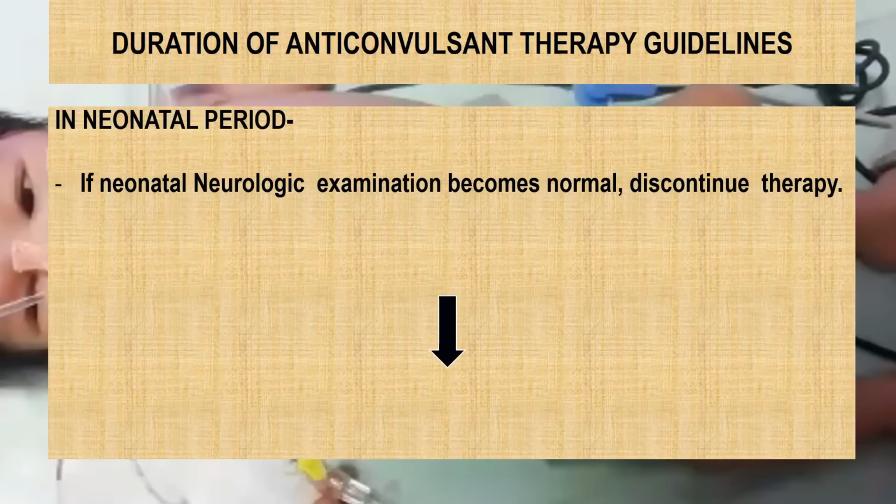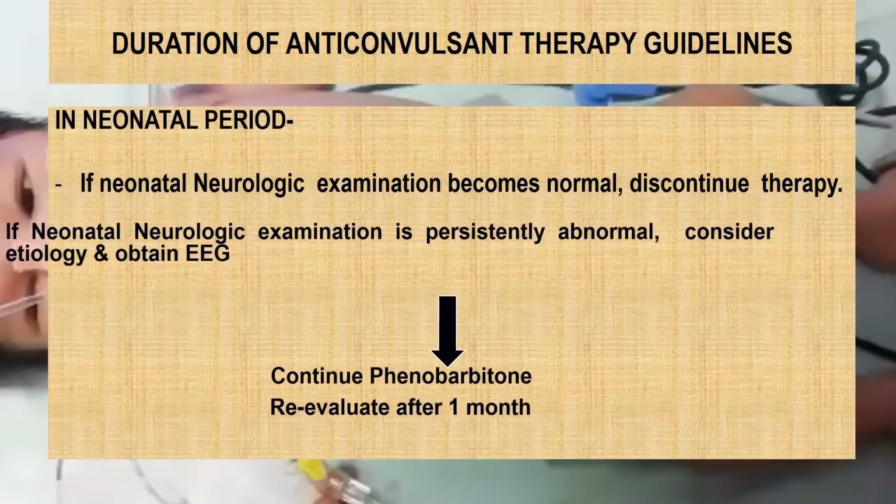If we have started phenobarbital and phenytoin both, we will first decrease and stop the phenytoin, then we will decrease the dose of phenobarbital, then we will stop the phenobarbital.